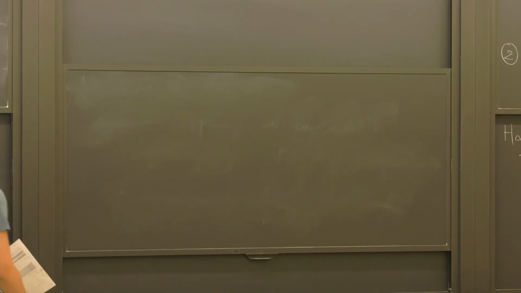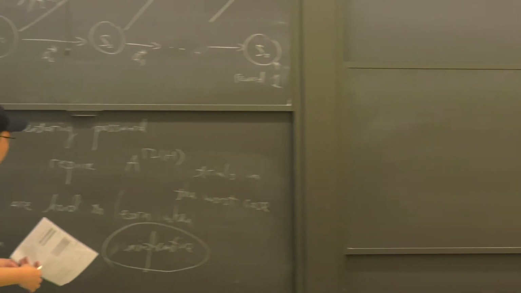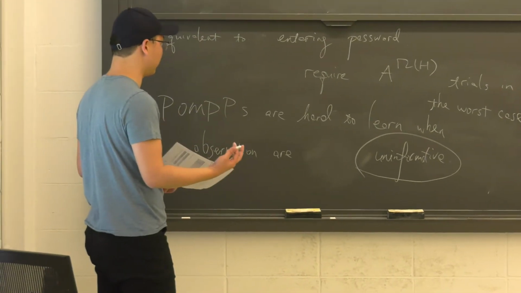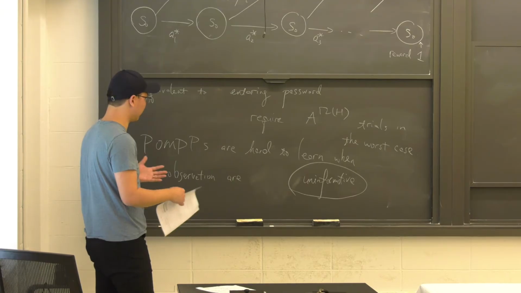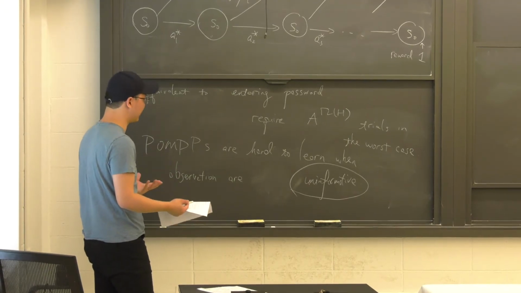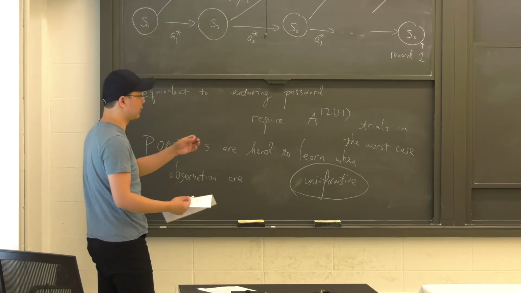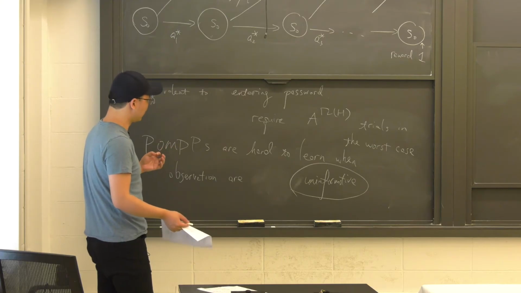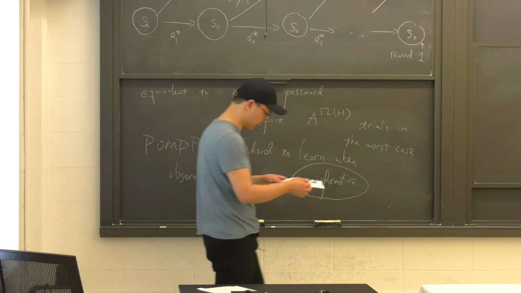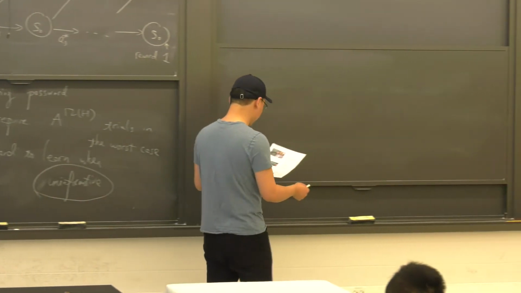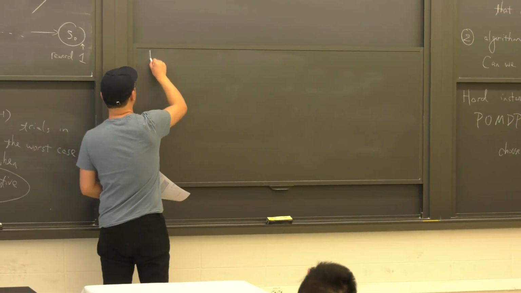So intuitively, we say an observation is informative. That essentially means different states would have different observations or different distributions over observations, so that when we observe some observation, we can infer it's higher probability in this state or higher probability in that state.